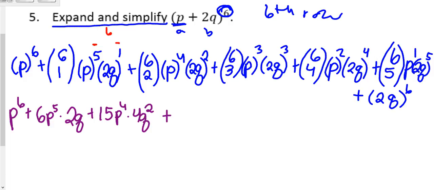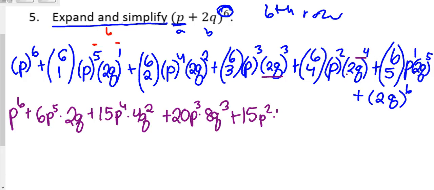Plus 6 choose 3 is 20. P cubed, and then we have 2 cubed and q cubed, 2 to the 3rd is 8, so we have times 8q cubed, plus 6 choose 4 is 15. We have p squared times 2 to the 4th is 16.